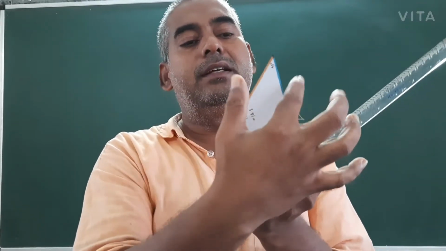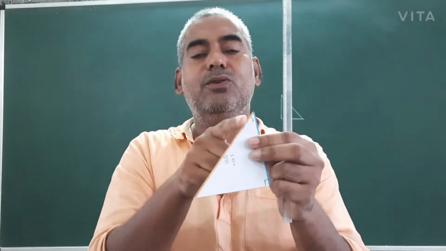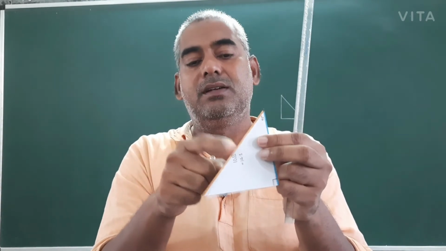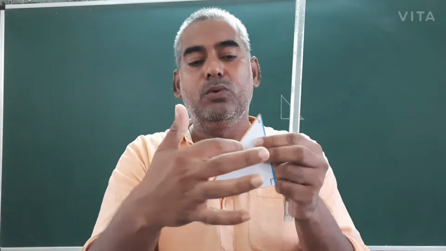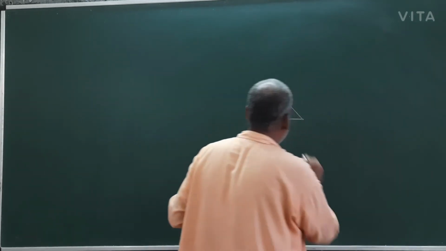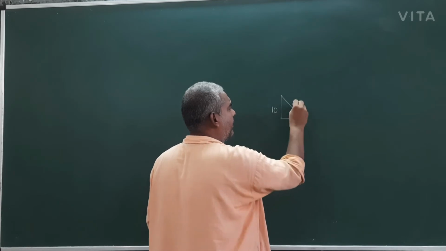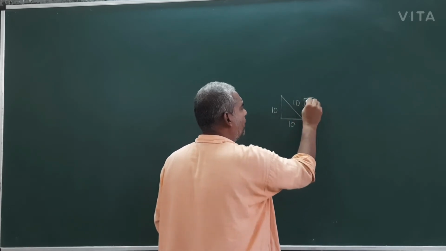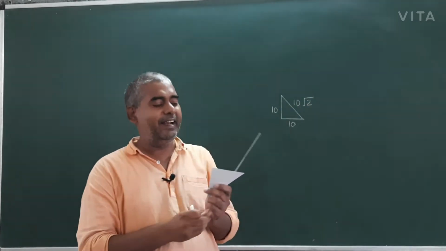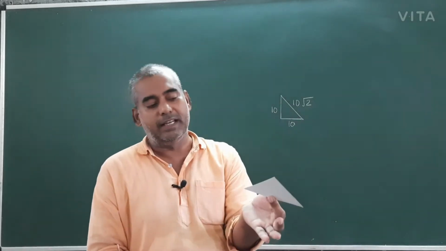When you calculate, this is 10 centimeter, 10 centimeter, and this is 10 root 2 by the Pythagoras theorem. Root 2 is equal to 1.41. This is 10, this is 10, and this is 10 root 2. Suppose I have only this scale, I can measure all the 3 lines.